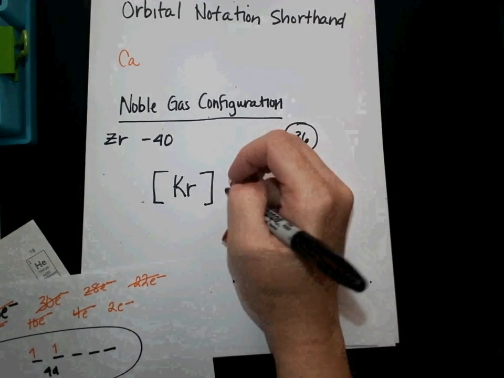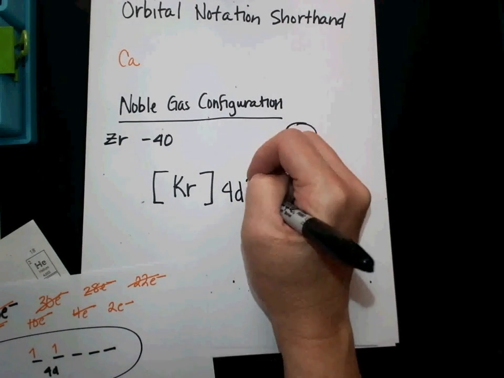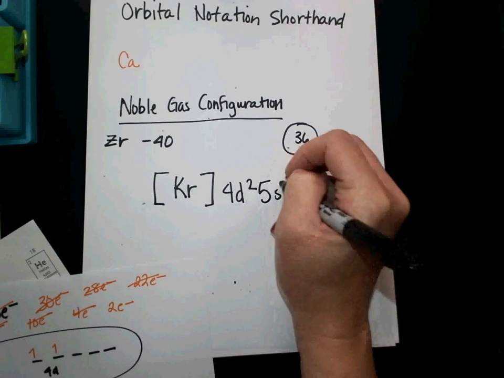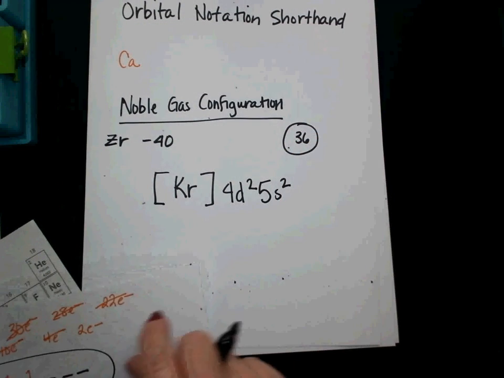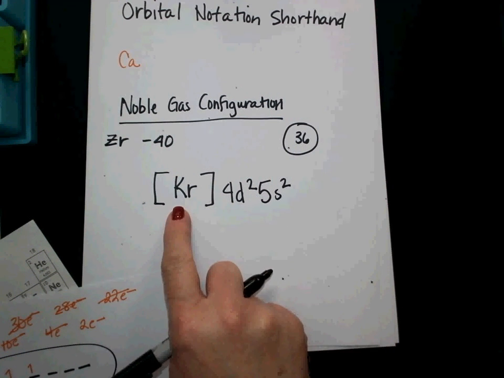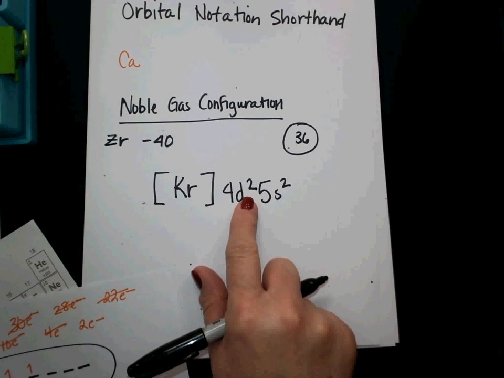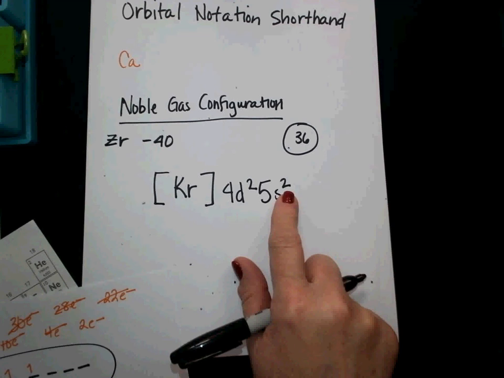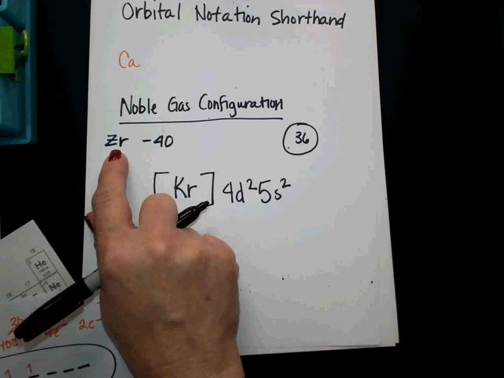Here's what I'm left with: 4D2, 5S2. And I can look at this and say, okay, this is an atom that has 36 plus 2, 38, plus 2, 40 electrons. Oh, that is zirconium.